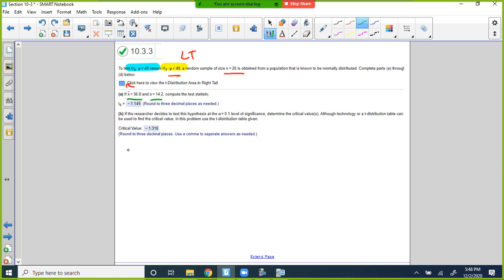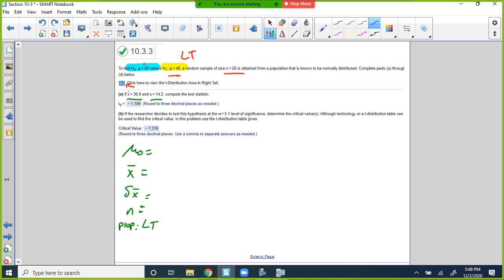So what we need is mu naught, X bar, S of X, and N, and then we need to tell what it is. It is a left tail, right? If you write these down, it'll be a little bit easier when you plug it into your calculator.